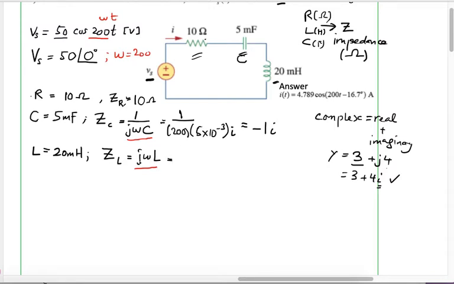So I'm gonna take this j to the back. So omega is 200. L, the value of L is 20 milli. Don't forget that milli.